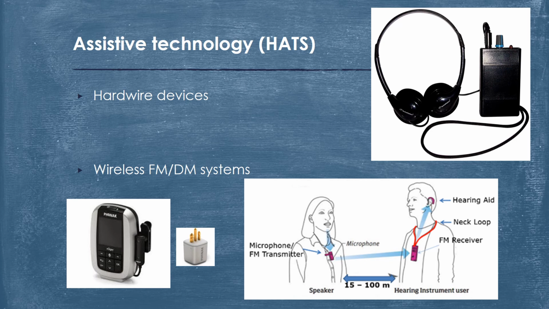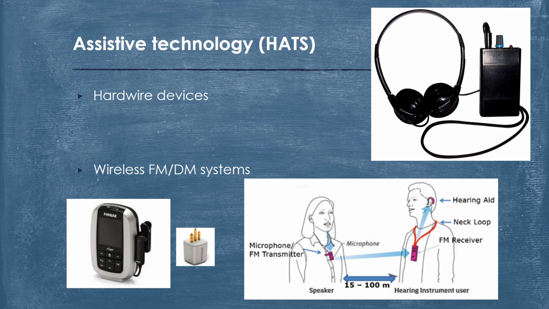Usually within about 30 feet, and the receiver that this person is wearing around their neck, that's called a neck loop, sends the information up to the user's hearing aid through electromagnetic or some other type of transmission. Another option is to get a small receiver that can plug into the bottom of the hearing aid so that they don't have to wear that neck loop portion.